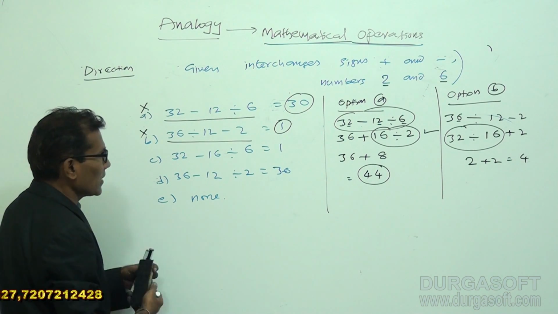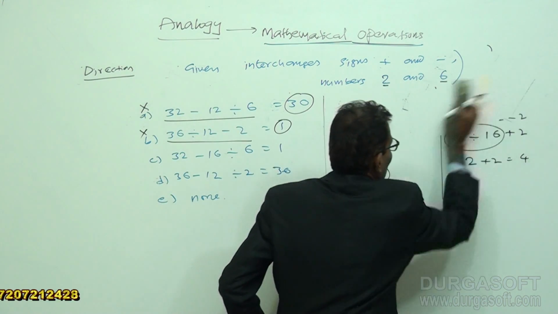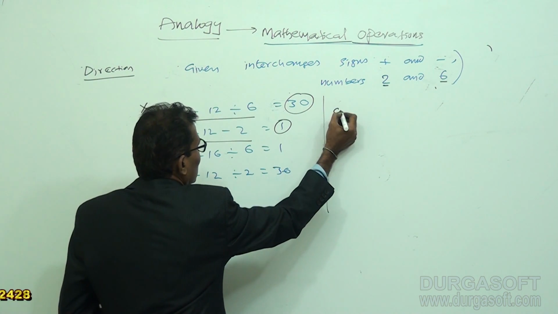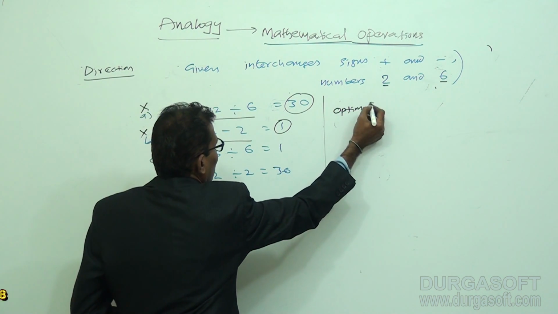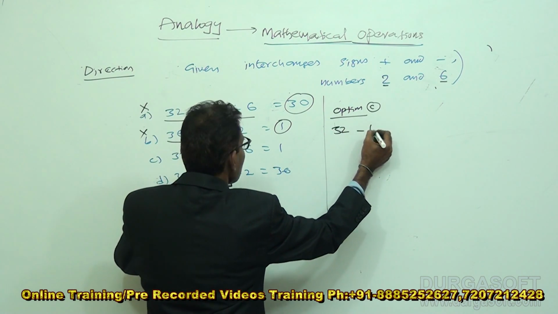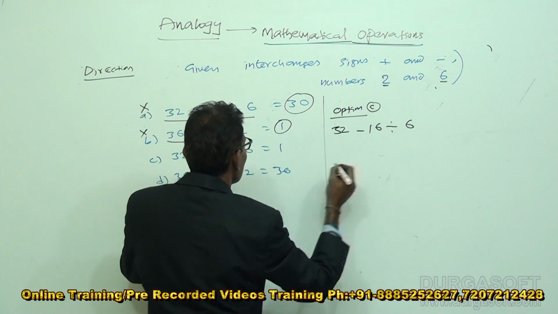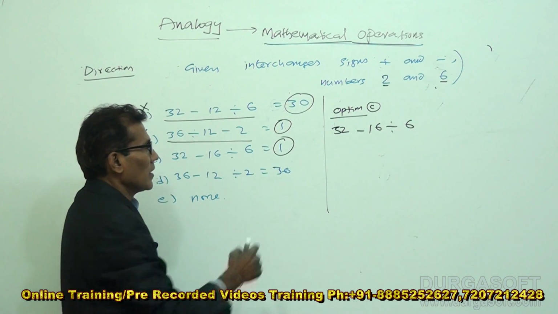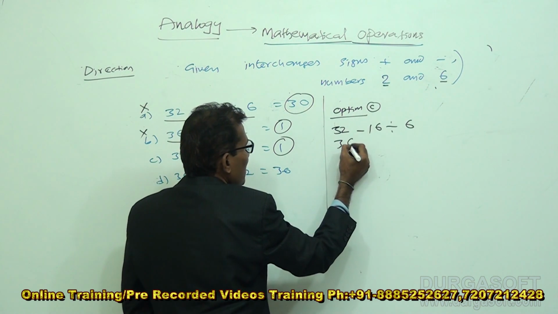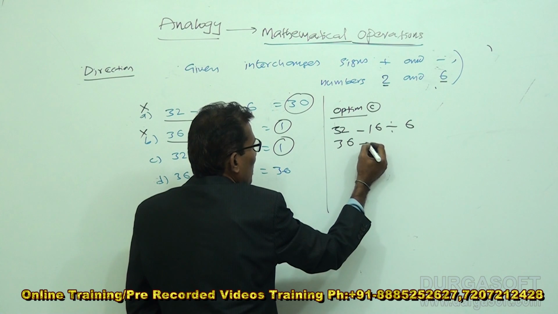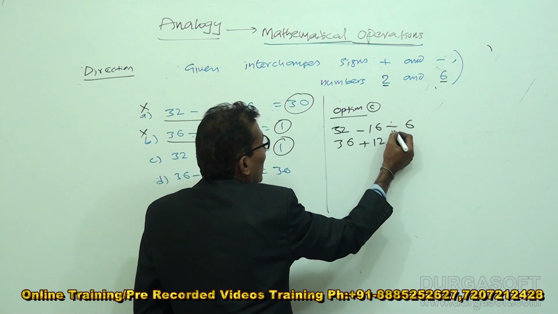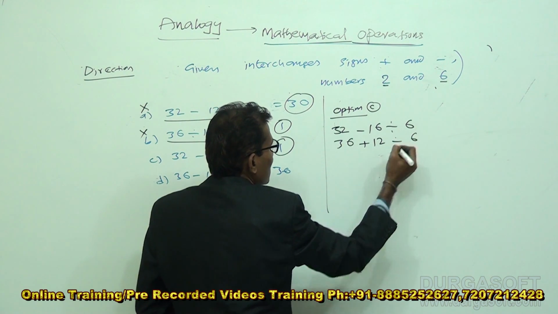Now we cross check with option C. Option C is 32 minus 16 divided by 6. The result should be 1. Let us see. According to the instructions given, 3 as it is, in the place of 2 we should write 6, and minus should be changed to plus, and in 16 the 1 is okay, but 6 should be changed to 2, and division there is no change, and 6.